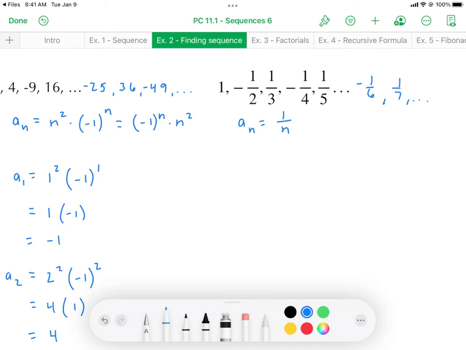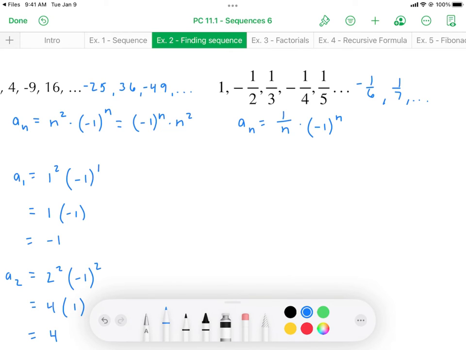Now you bring the negatives into play, and we want to notice that it's now the even numbered terms that are negative, right? So if I multiply this by negative 1 to the power of n, that's not going to cut it. What slight adjustment needs made? I wouldn't want to do negative n because that's not going to change the sign on negative 1.